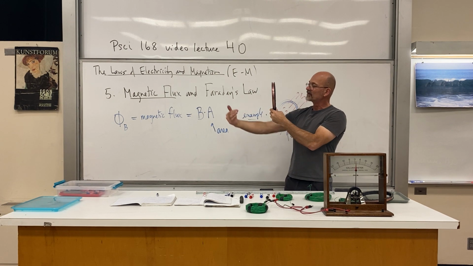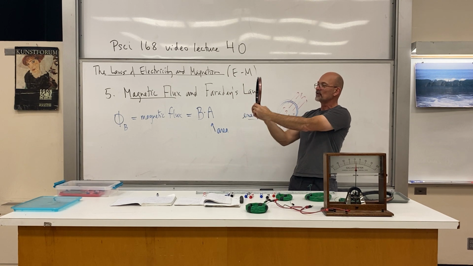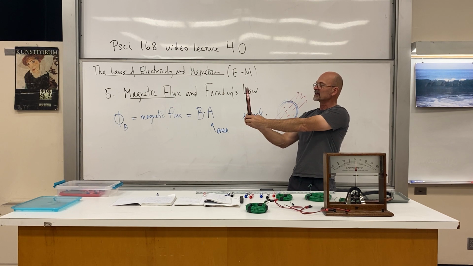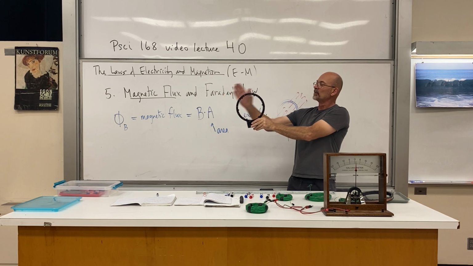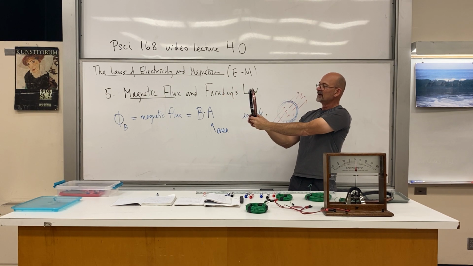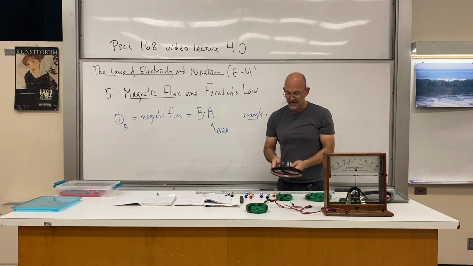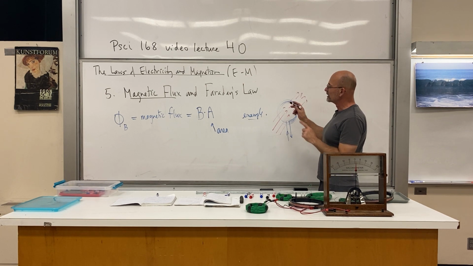Instead of a breeze, which is a fluid flow, imagine that we just have those magnetic arrows pointing at us. The way I can change that flux is just to turn this to the side, and now they just blow right by it. They don't go through it, okay? So we have a flux, but just by changing the orientation, we can have a changing flux. And that's what's really important in this.